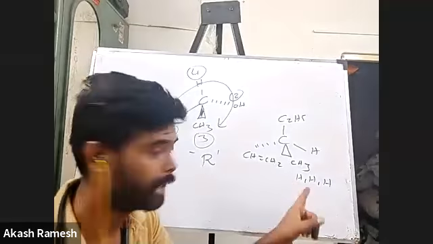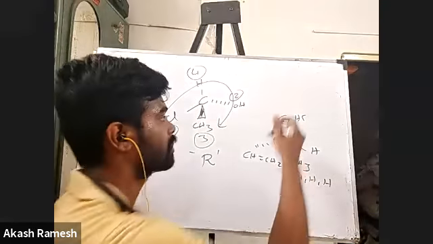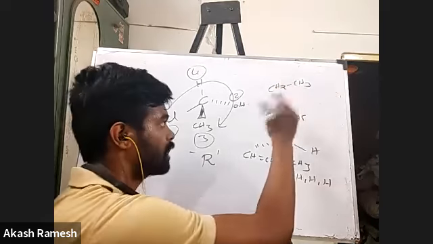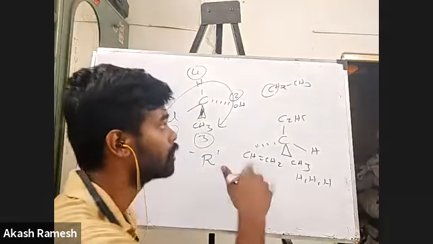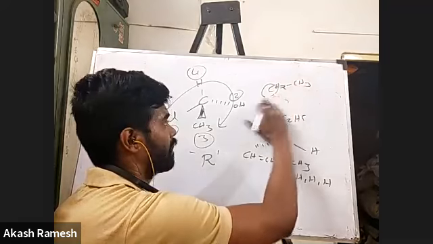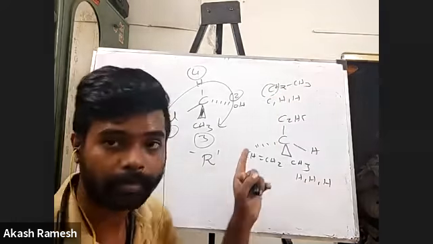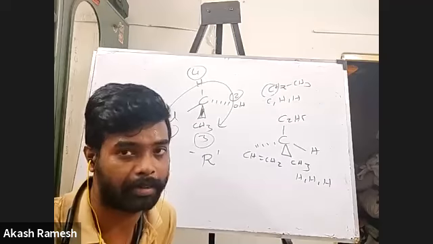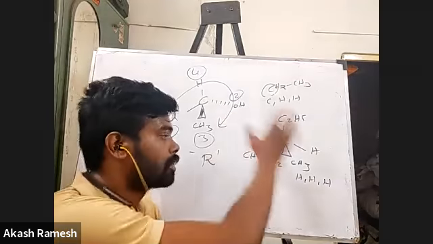Now C2H5 is going to look like CH2, CH3, with CH2 attached to the chiral center. So after this I have C, H, H. I'm just telling what comes after the first atom to which the chiral center is attached. Now you can see all of them are carbon atoms.